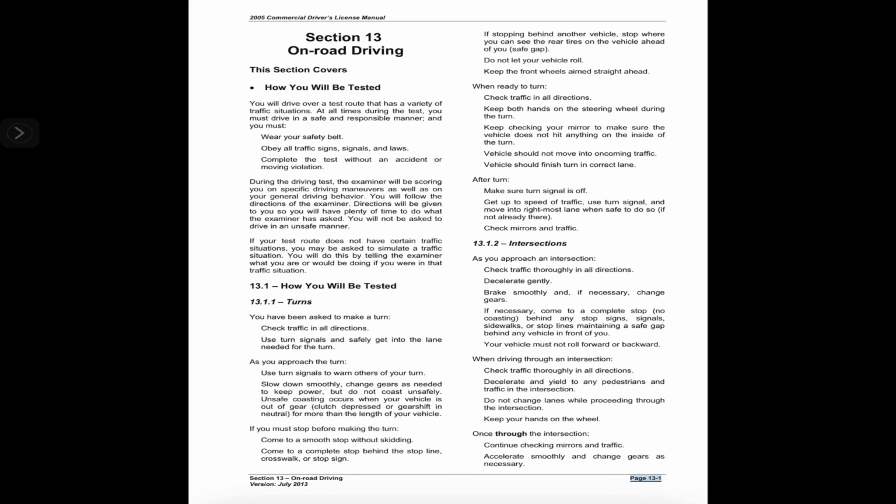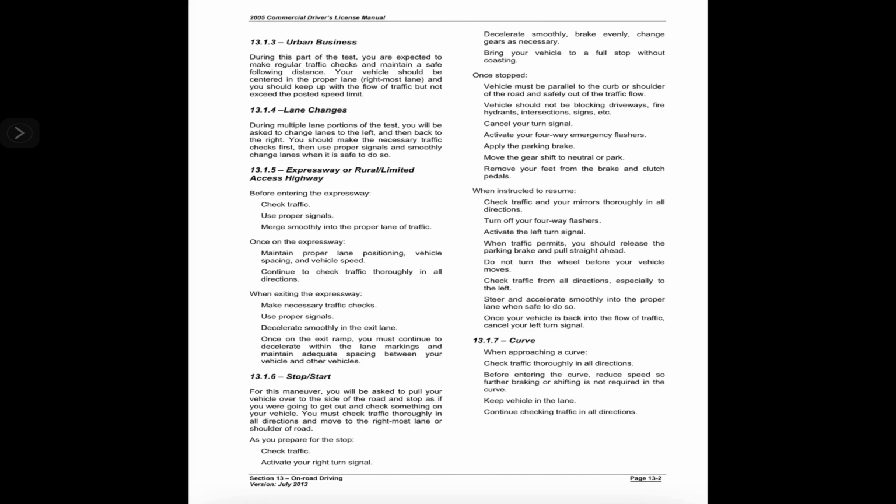Page 13-1. 2005 Commercial Driver's License Manual. 13.1.3 Urban Business. During this part of the test, you are expected to make regular traffic checks and maintain a safe following distance. Your vehicle should be centered in the proper lane, rightmost lane, and you should keep up with the flow of traffic but not exceed the posted speed limit. 13.1.4 Lane changes.